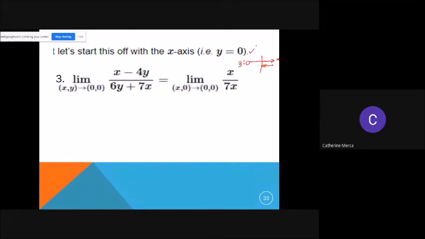The limit now when xy here, your y here is equal to 0. Replace that y equal to 0. So we will now have x minus 4 times 0. So we will only have x. And then 6y, that is 0 na. So 7 times x. So nang lalabas, you will have the following value, 1 over 7.